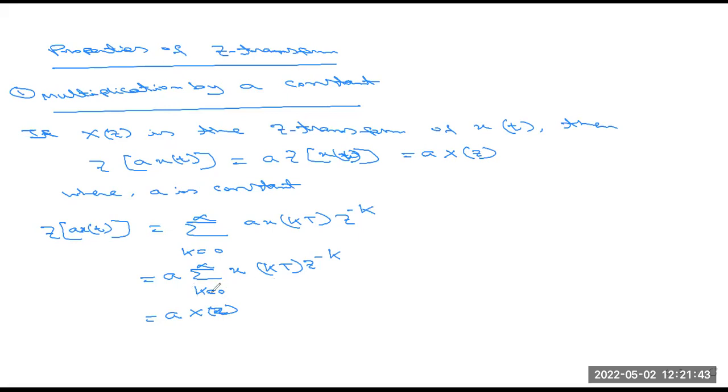You start with k equal to 0, then k equal to 1, and so on. So basically the function is X of z. Now you can see this is proved: Z of A x equals A X. Okay, so this is the property of the Z transform method, multiplication by a constant, where A is the constant. Is it clear?